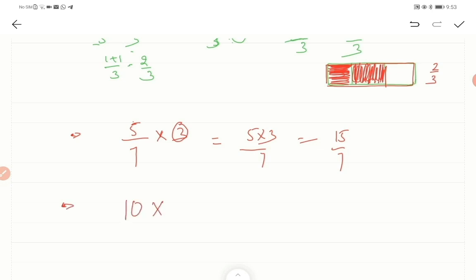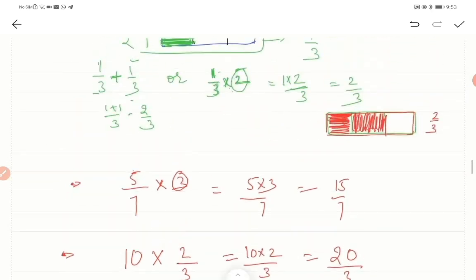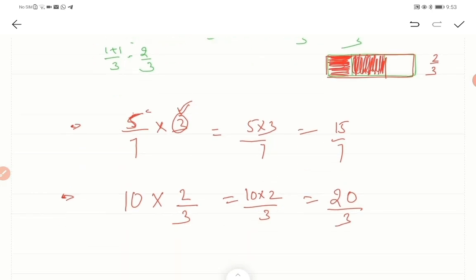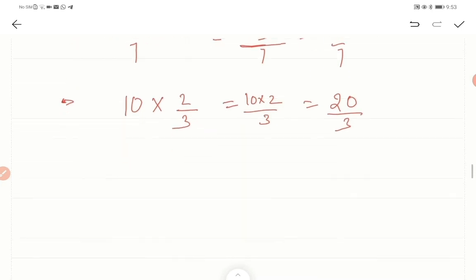If I take 10 into 2 by 3, this is 10 into 2 divided by 3, which is equal to 20 by 3. So when a whole number is multiplied by a fraction, you just multiply the whole number with the numerator of the fraction, and like this you will get the answer.